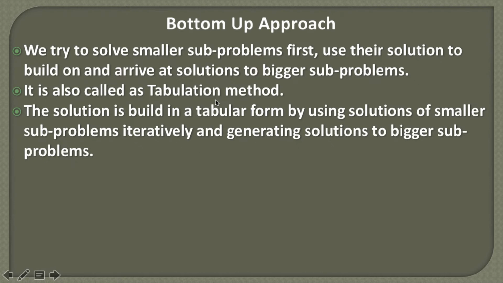So friends, now let's look at the demonstration of the bottom-up approach, how we can use the tabulation method to memorize the solutions of the subproblems and reuse them later when those subproblems are encountered again.